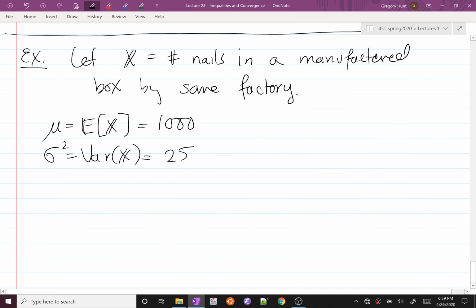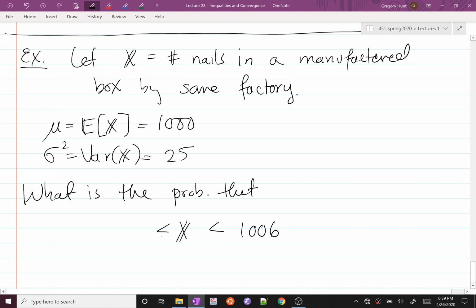And the question is, what is the probability that the number of nails I see, x, is between 994 and 1,006?